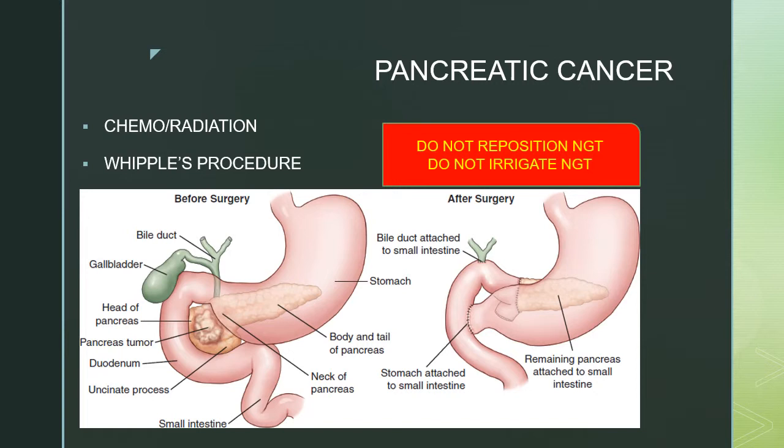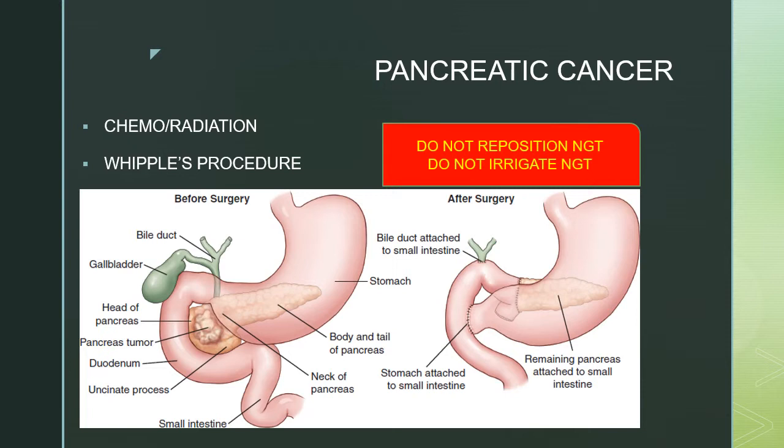With Whipple's procedure, the area of the pancreas that has the tumor, which is usually the head of the pancreas, is removed. And then the neck of the pancreas is attached to the small intestine.